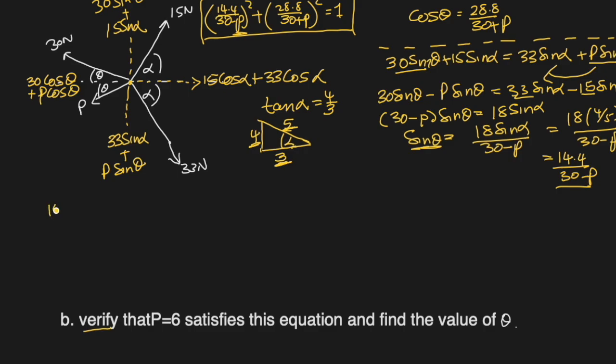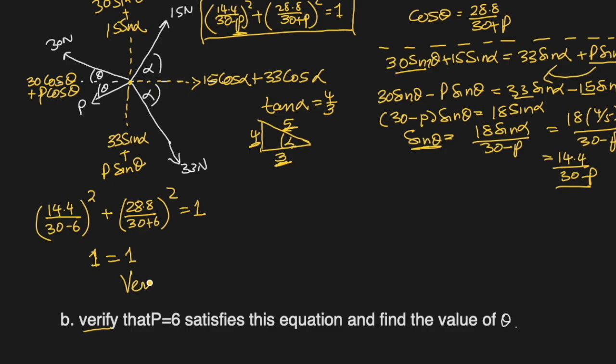So 14.4 over 30 minus 6, yeah, in place of p, I'm writing 6, square, plus 28.8 over 30 plus 6 square equal to 1. Put these in a calculator and you will definitely see that 1 is equal to 1. Both sides will have 1. It is verified.